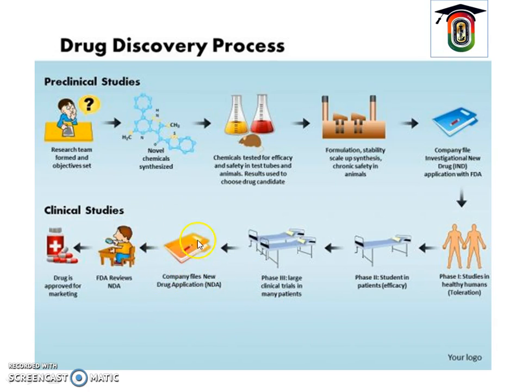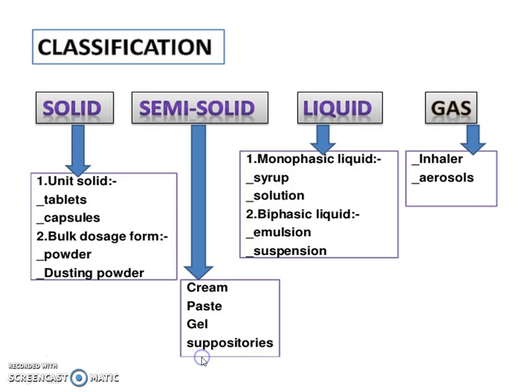Once phases 1, 2 and 3 are cleared, a pharmaceutical company can file a new drug application, and this application is reviewed by the FDA. All the results and analyses are checked, and then the FDA gives a green signal and the drug is approved for marketing. So this is the journey of a drug molecule from the laboratory to the market, and this is how the drug reaches the patient.